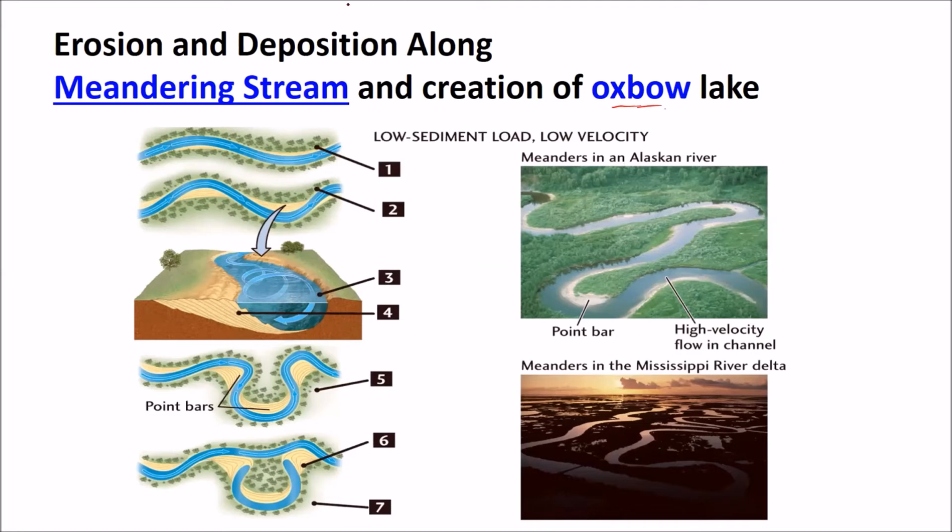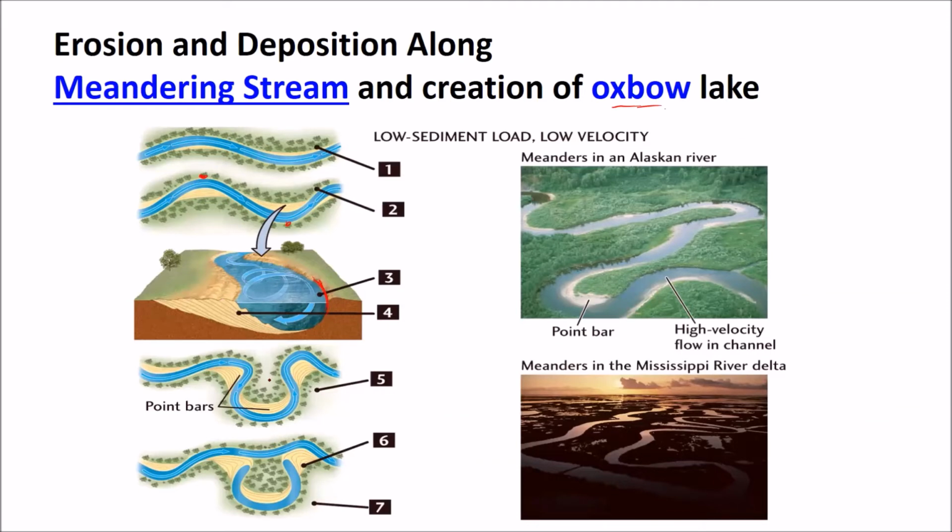At the beginning the river is in this direction, and then it erodes in these two parts, and the yellow color here is deposition. This shows you where the erosion is: this bank on the right side is the eroded bank, and this is the deposited bank, the river bank.